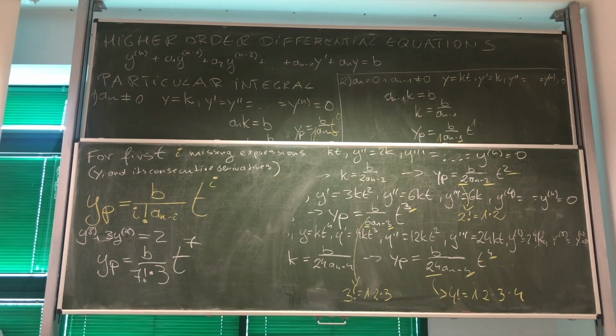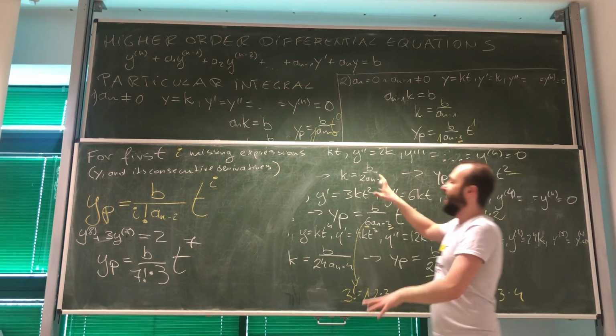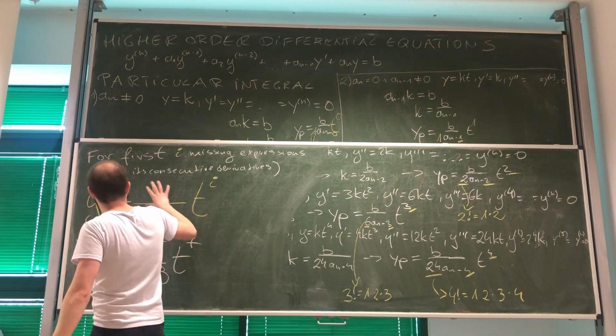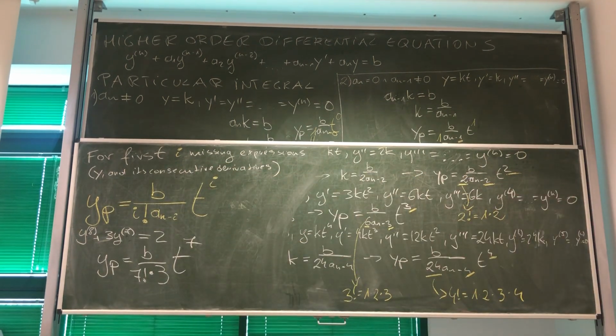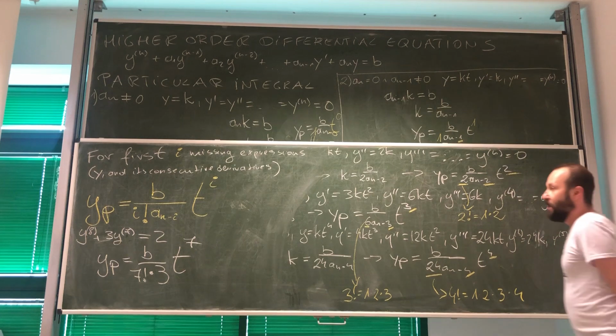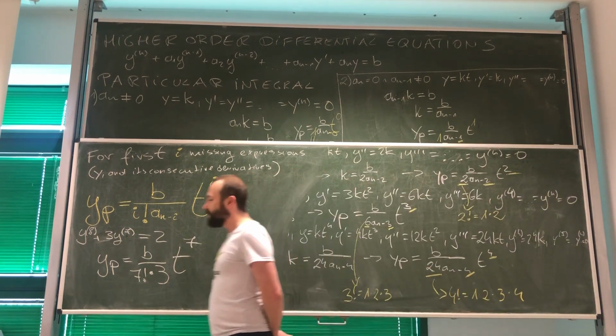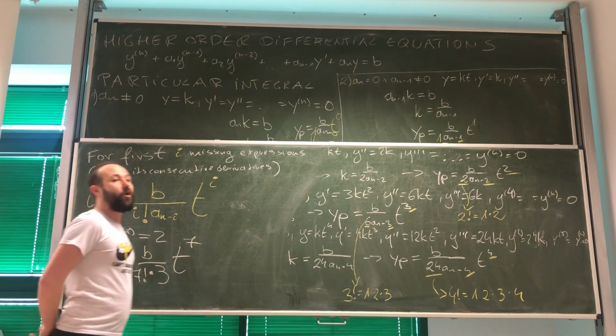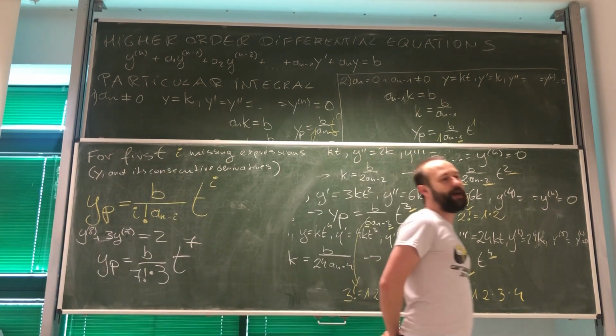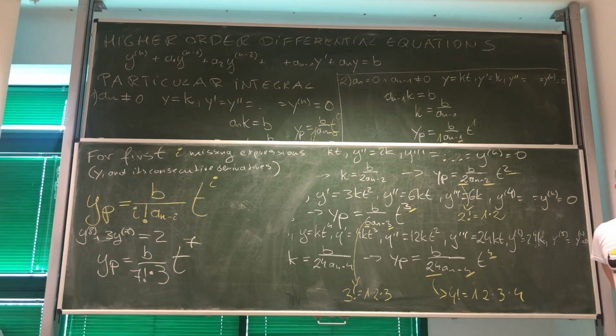However, what I wanted to put your attention to is that there is a pattern, and this pattern gives us this formula for the particular integral, assuming that we've only got one constant term. Of course, if we've got more than one term, what we need to do is move to the method of undetermined coefficients.